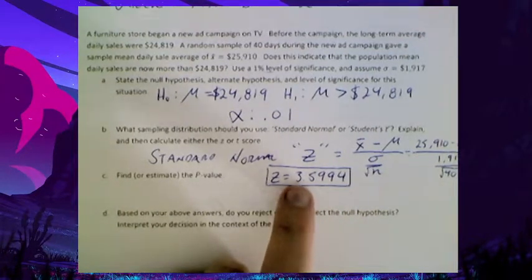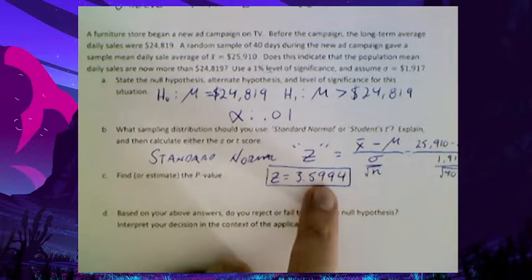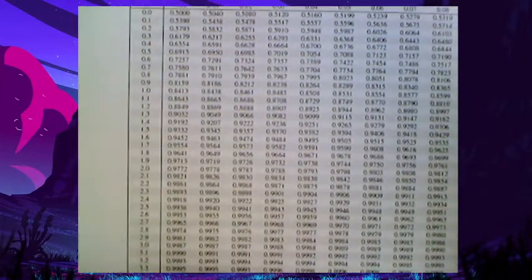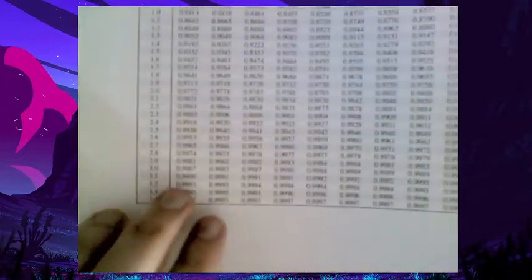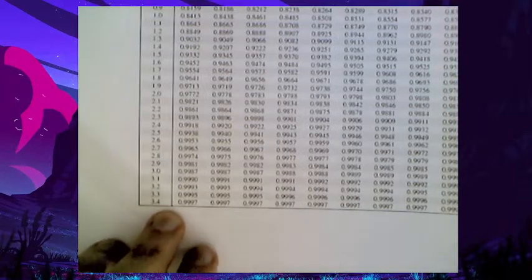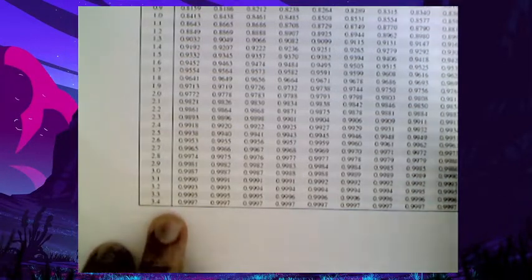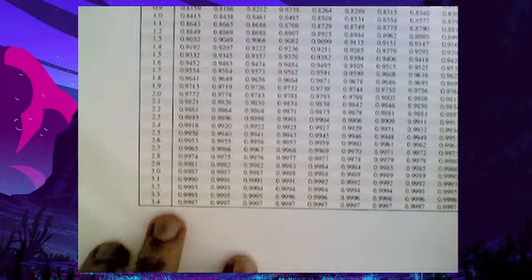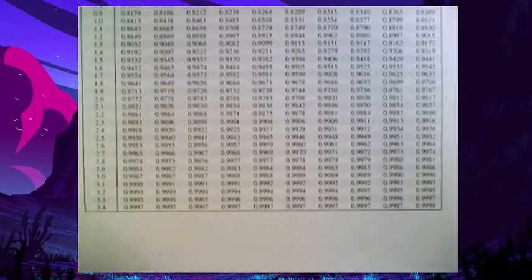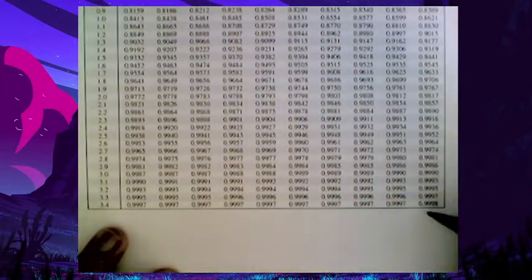I might call it 3.60 if I'm going to be rounding here. 3.60 is off of our chart here, right? And when we're off the chart, and this isn't going to happen on the actual test, this is just I picked some bad numbers for this practice test, we're beyond the chart, so we use effectively 1 for all of this, or 0.999 repeating, which is just 1, right?